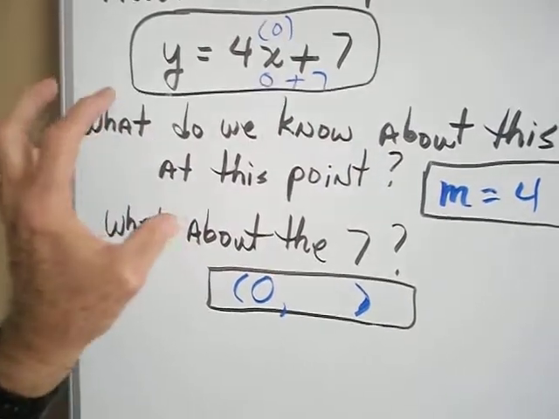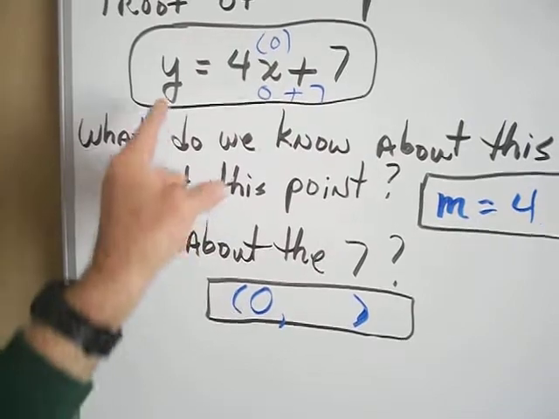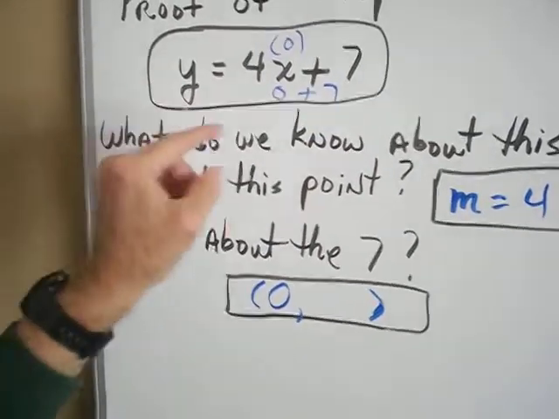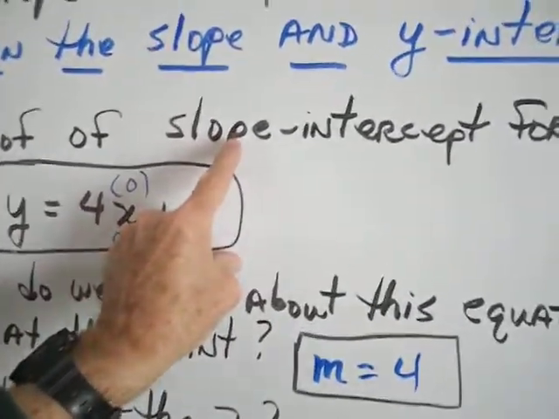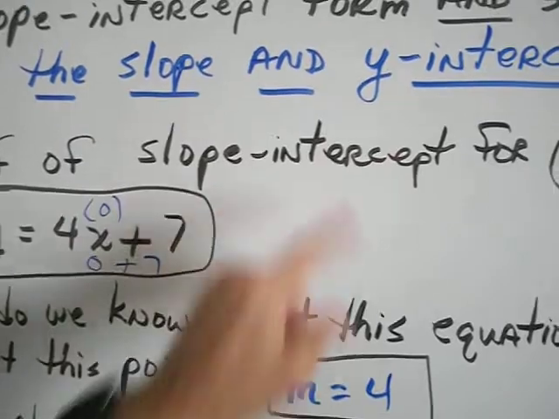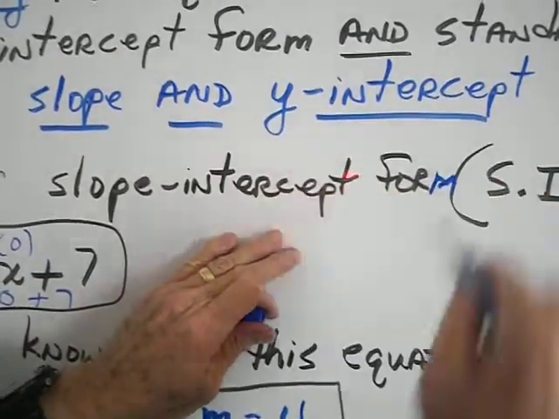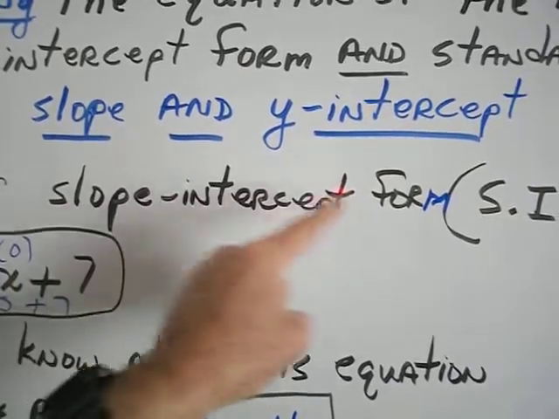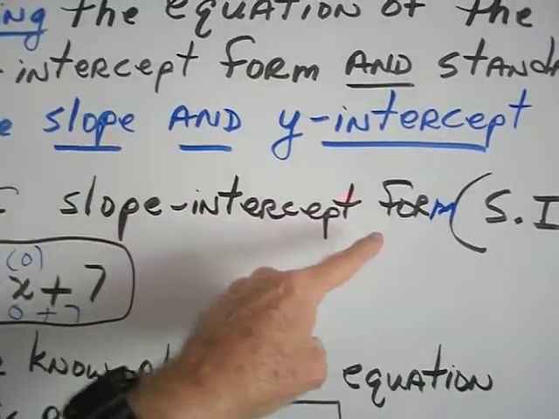Therefore, we have a name that is given to any equation that is solved for y. It's called the slope-intercept form for the equation of a line. Right in the title, it says slope-intercept form.